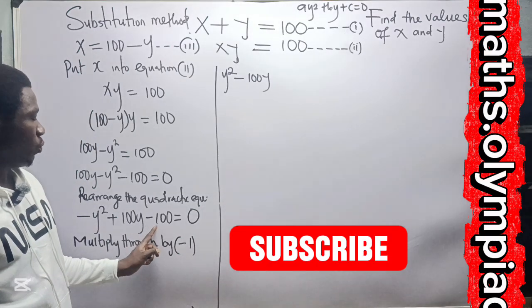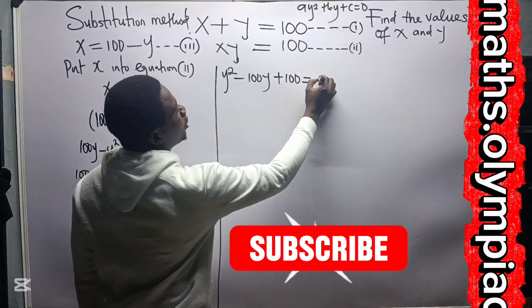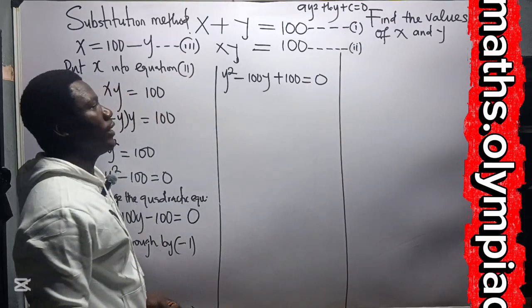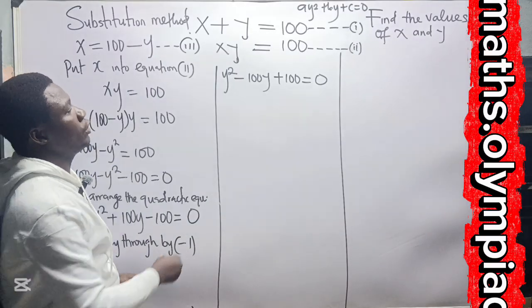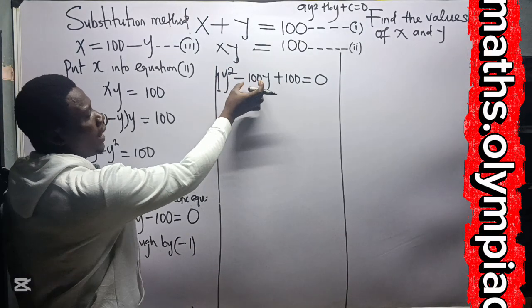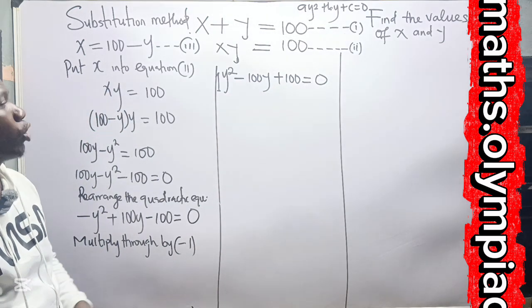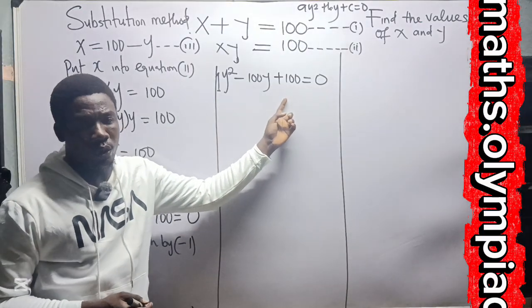Minus 1 times minus 100 will give us plus 100 equals 0. So now we have a proper quadratic equation. The coefficient of y squared is an invisible one here, this one is minus 100, and here is 100, equals 0.